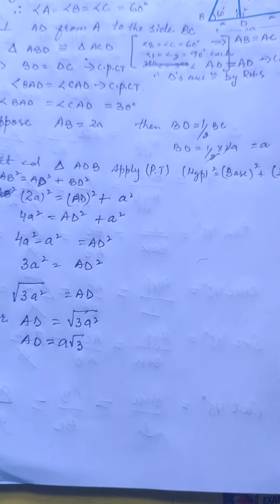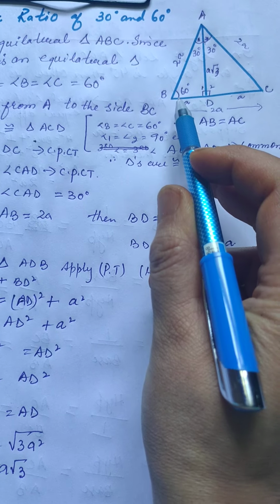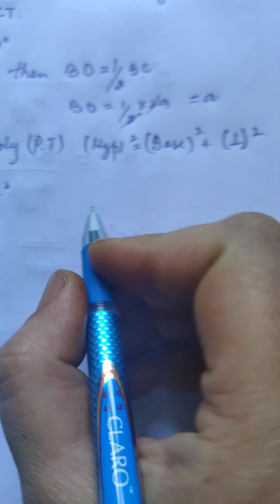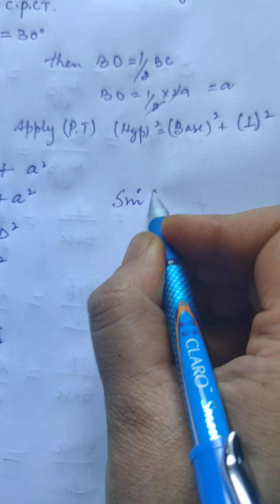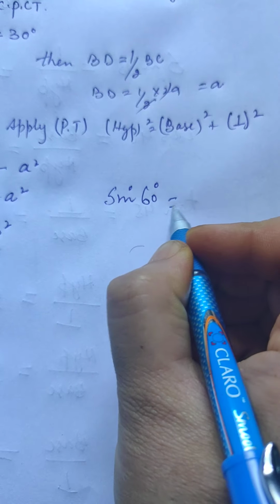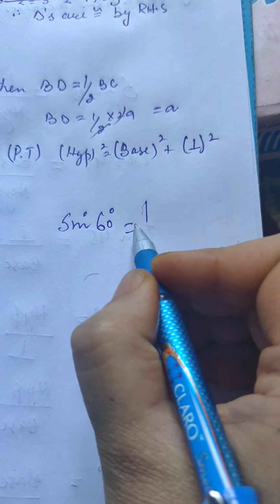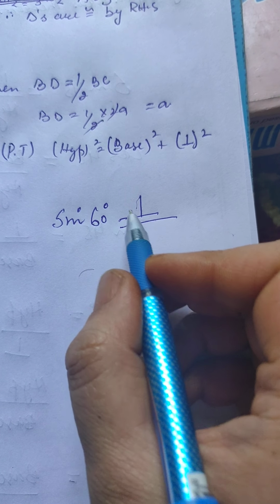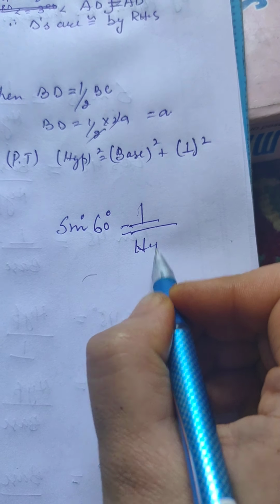Now I have to find the trigonometric ratios of 60 degrees. First, sine of 60 degrees. Sine is the ratio of perpendicular to hypotenuse. Use the trick: some people have, where people means perpendicular and have means hypotenuse.